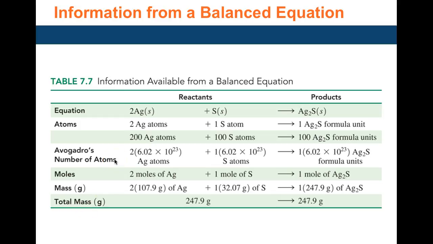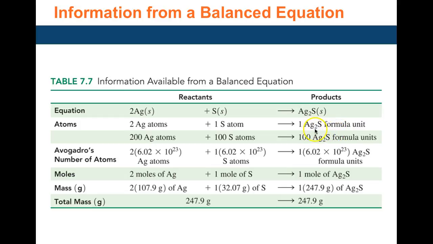All right. So what type of information can you get from that equation? In the equation, you have 2 moles of silver, 1 mole of sulfur, forming 1 mole of silver sulfide. If you take it to be at the atomic level, that means 2 atoms of silver, 1 atom of sulfur, forming 1 formula unit.